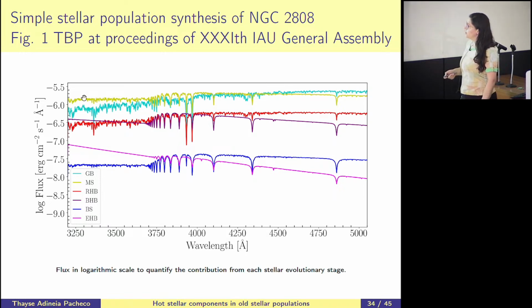So we have the giant stars and the main sequence stars dominating the light, but we have an important light contribution from the horizontal branch in purple and extreme horizontal branch stars going through blue and ultraviolet.